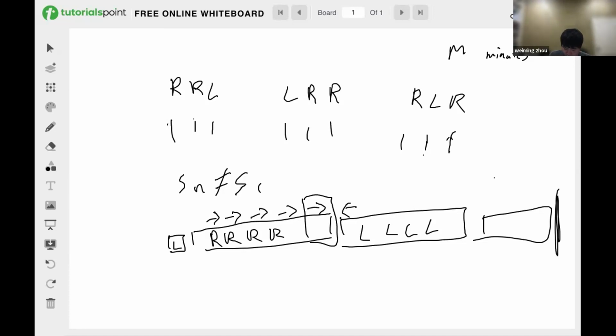Similarly, if we have a block of L's, the cow that's on the very left is the one that conserves the amount of milk it has. And then all the other cows to the right of it will lose milk over time.